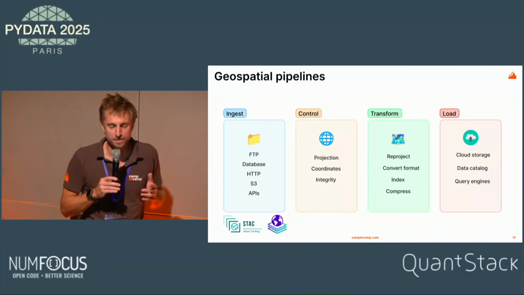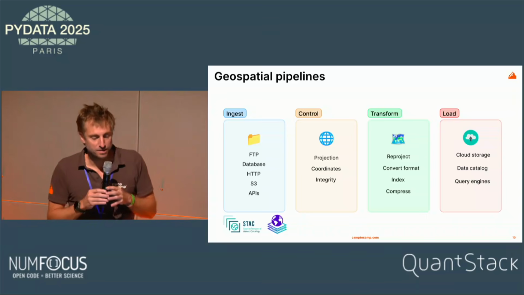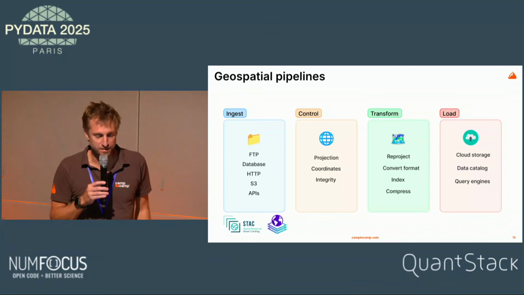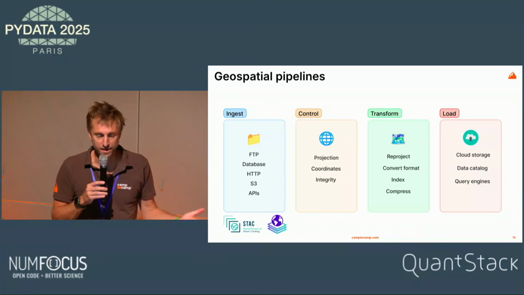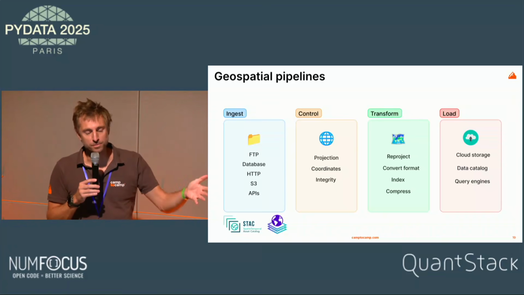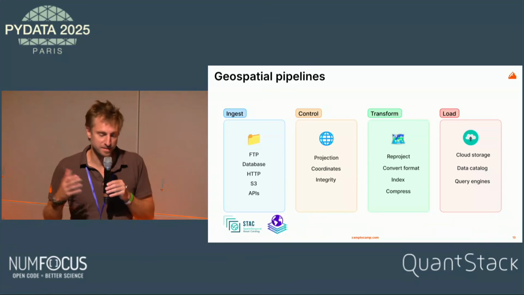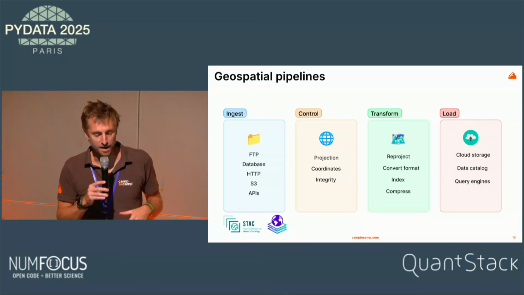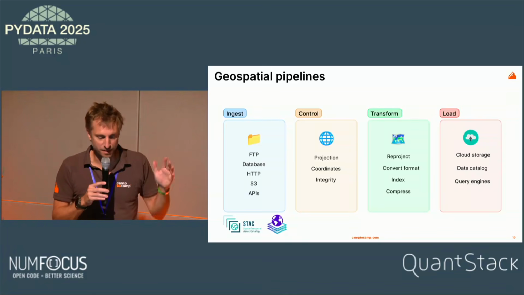So here is what a pipeline looks like. It's the same as other pipelines, but for instance, you need to ingest the data. So what you saw from my example, the first thing I did is I downloaded the data, through the different APIs or buckets or whatever.